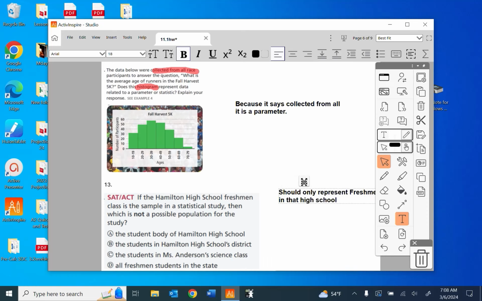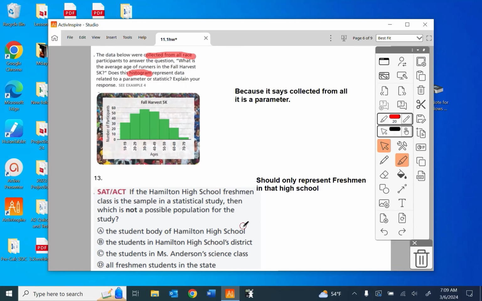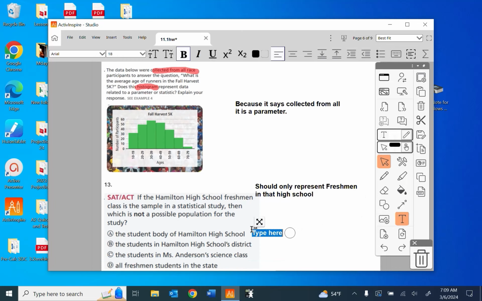That's what it should only represent. But this is a possibility. Maybe it's a bad one. It's possible, but a bad choice for all. This one is also possible. Again, it's a bad choice.